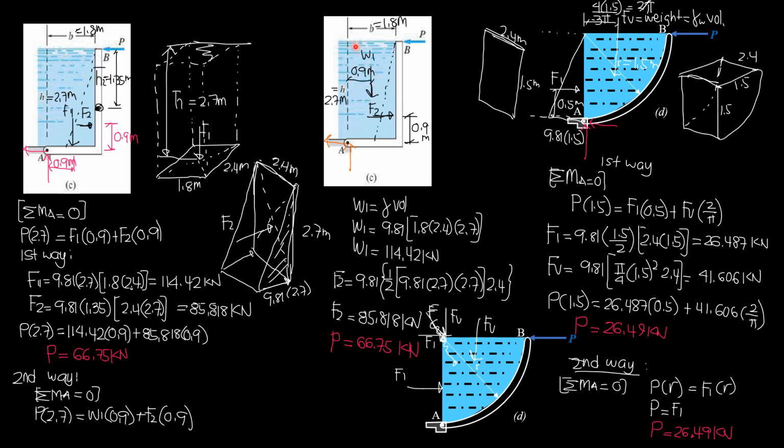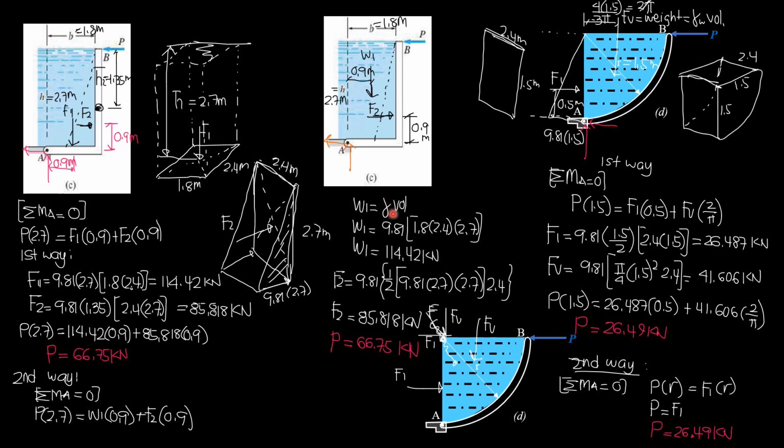Weight 1 is simply the weight of water above this horizontal plane surface. So weight 1 is specific weight times volume. This is the working equation: summation of moment about A, P times 2.7 equals weight 1 times 0.9 plus F2 times 0.9. So it's the same.